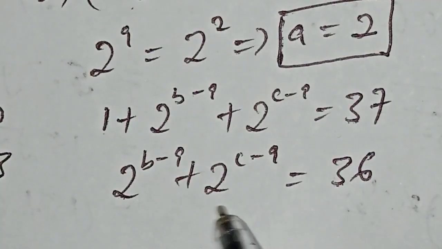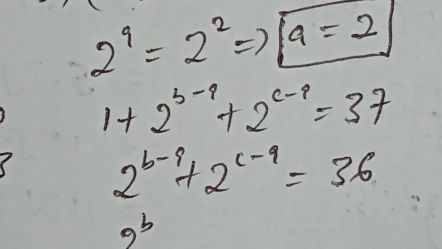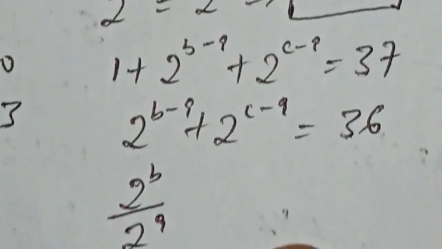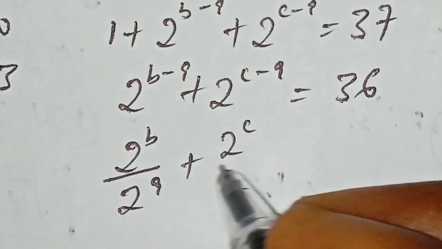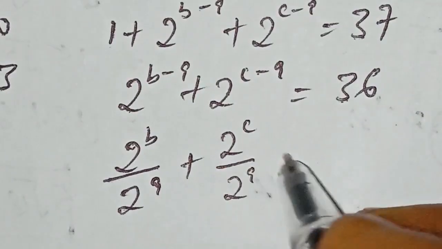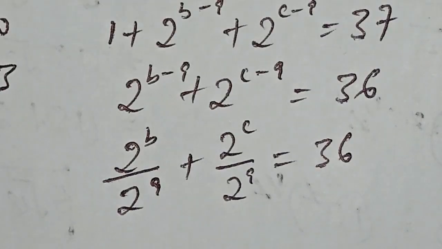Now we rewrite this as 2 to the power of b over 2 to the power of a plus 2 to the power of c over 2 to the power of a equal to 36.